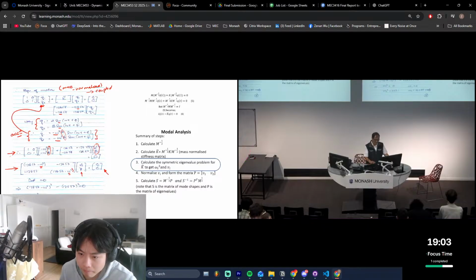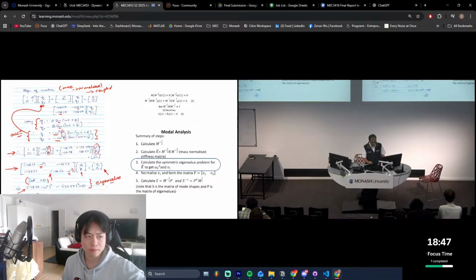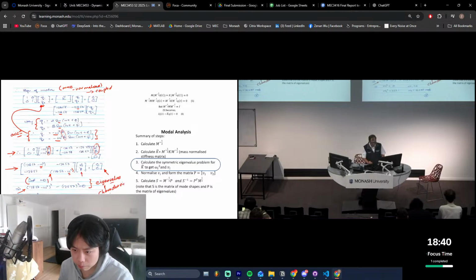And to find those omega, you put the determinant of this matrix equal to 0, and you end up with a quadratic in terms of omega square. Now, if you remember from your mathematics, this is like looking for the eigenvalues. The eigenvalues are the characteristic values of the system, or the property of the system.